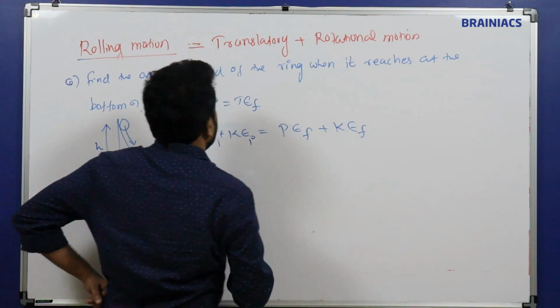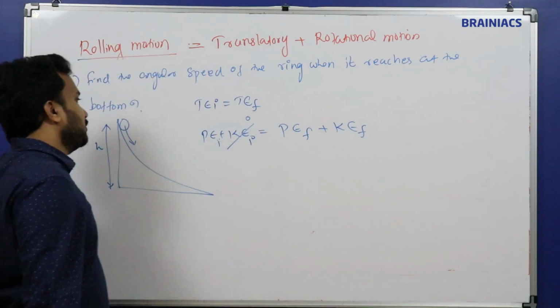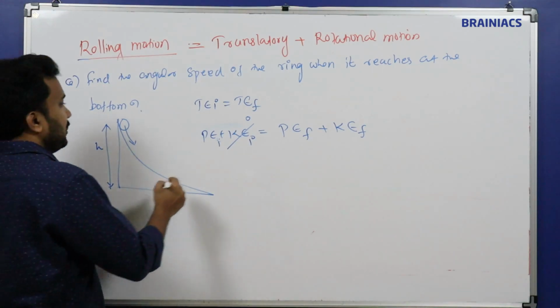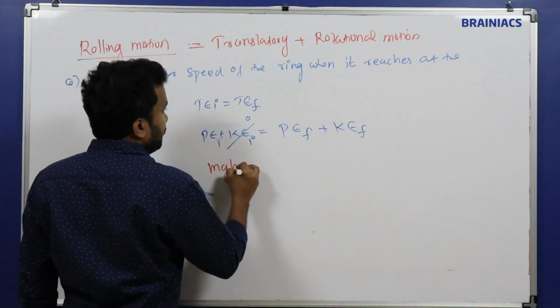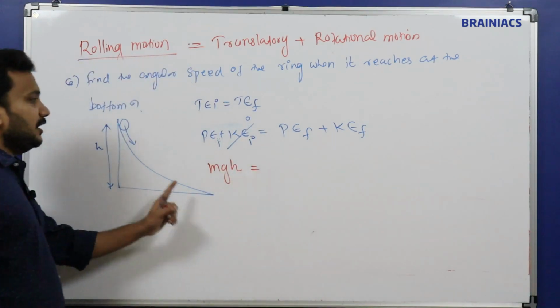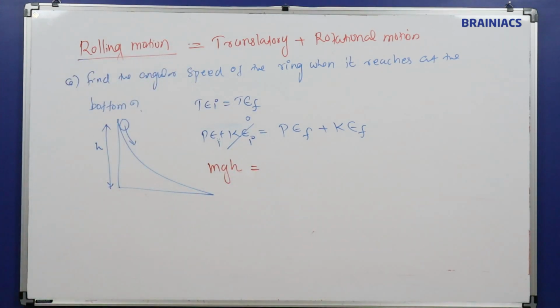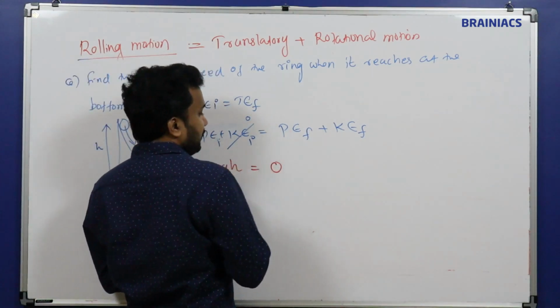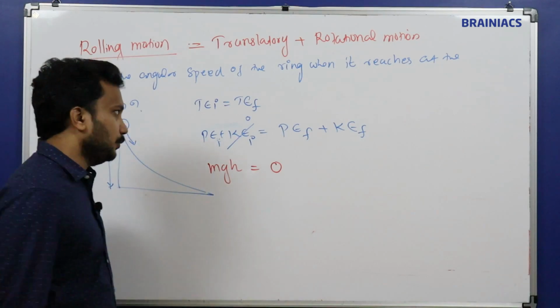Kinetic energy initial is 0 because the body is not moving. Potential energy at the highest point is mgh. When it reaches the bottom there is no height, so potential energy is 0.